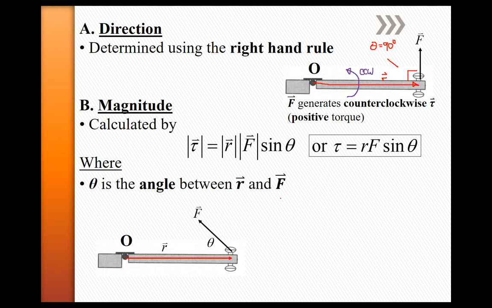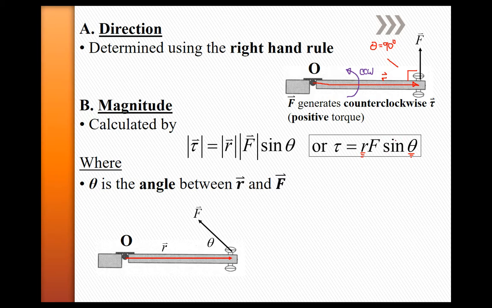So you can get a sense now of how to maximize torque. There are three ways. One, you need a bigger lever arm. If you have a tiny lever arm, it's really hard to generate torque about an object. Two, a bigger force will generate bigger torque. And three, you want to make your force and your lever arm as perpendicular to each other as possible.